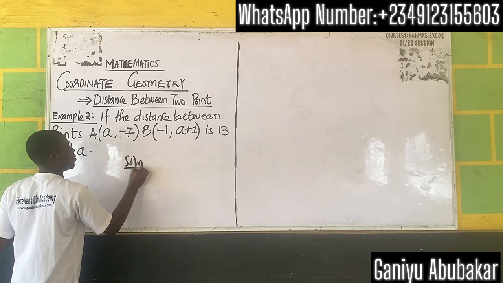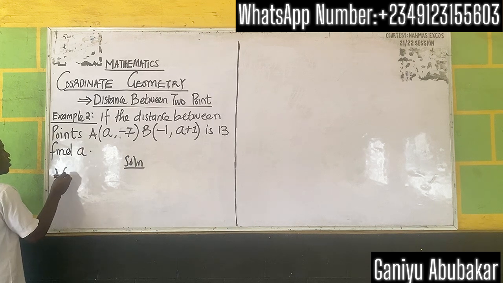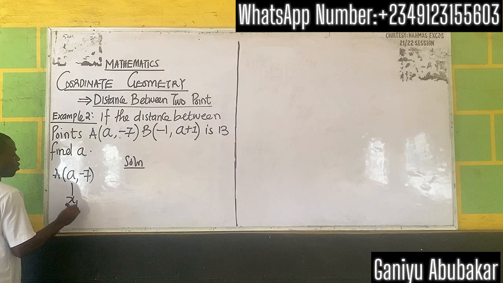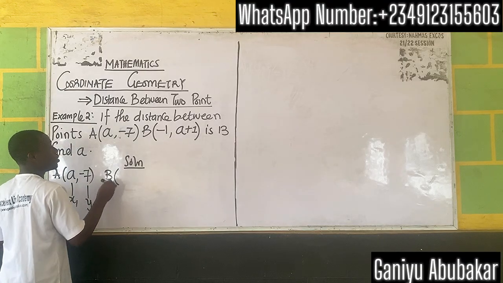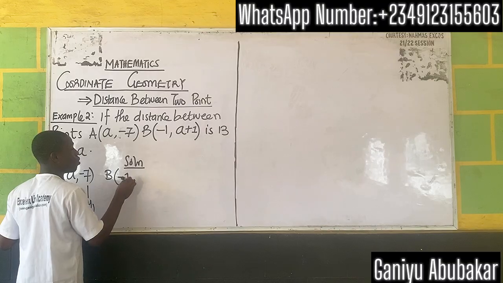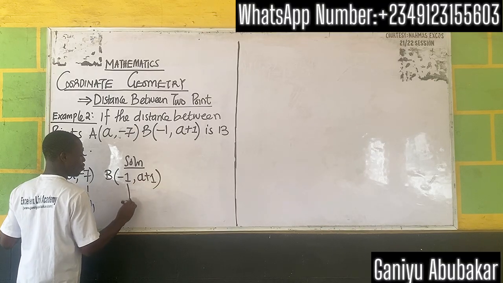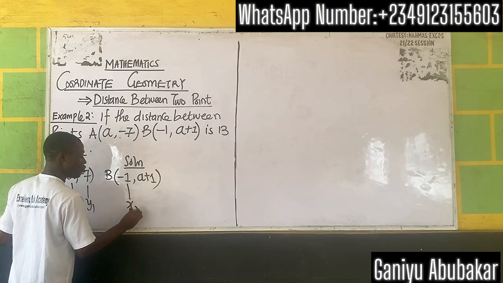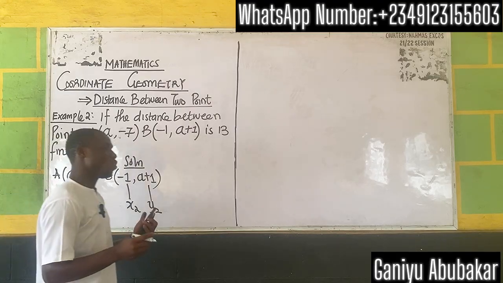Solution: we know that from the coordinates given, this A comma minus 7, this is x1, this is y1, and the B given there, minus 1 comma A plus 1, this one gives you x2, this one gives you y2. I have identified x1, y1, x2, y2.